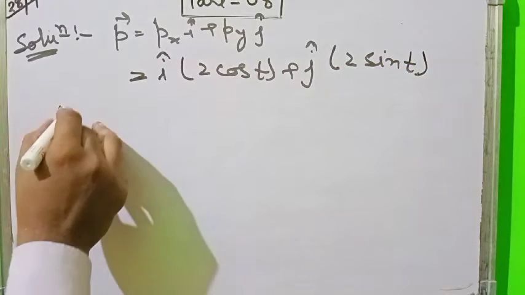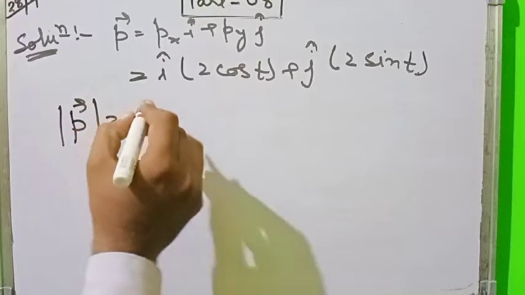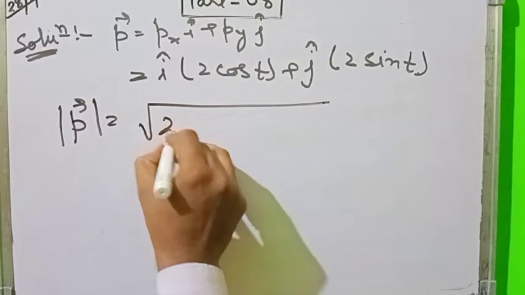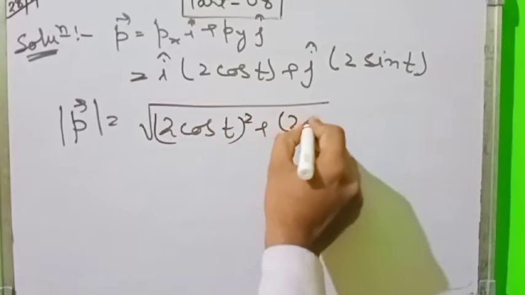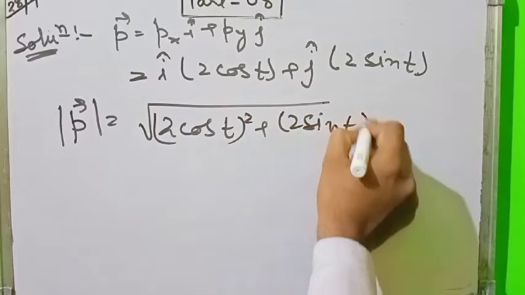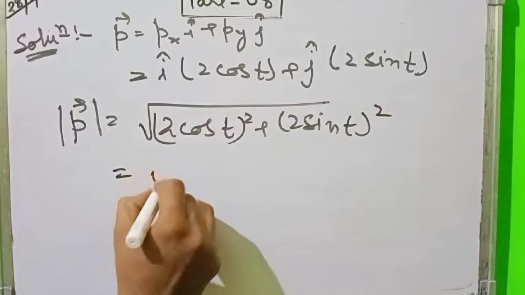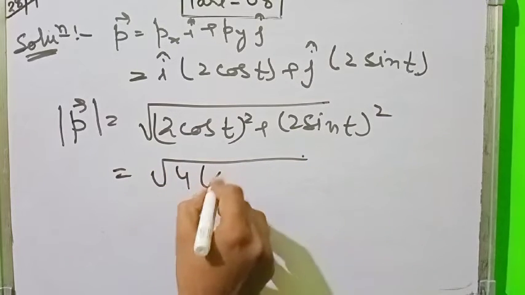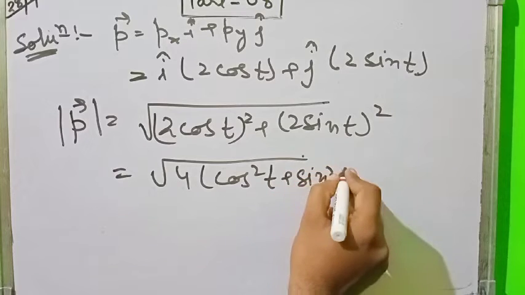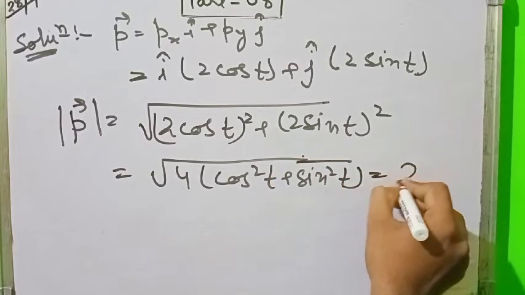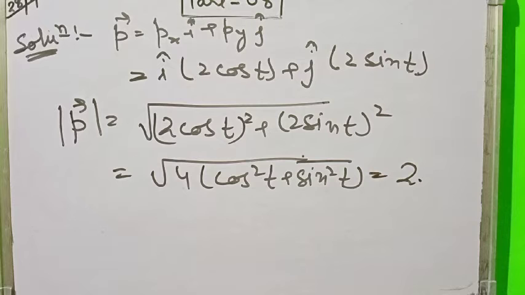From here you can calculate the magnitude, that is equal to the square root of (2 cos t) square plus (2 sin t) square, and it is equal to 2 times the square root of cos square t plus sin square t, and it will be 2.